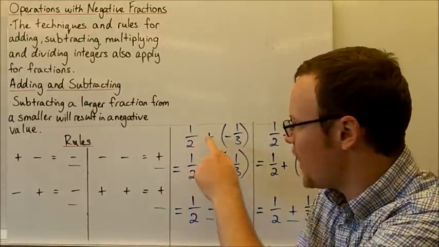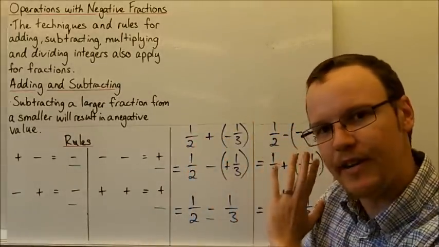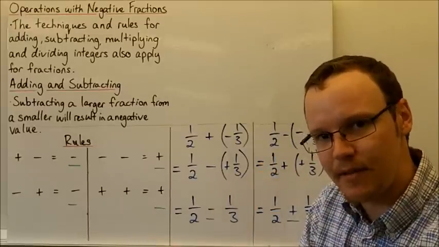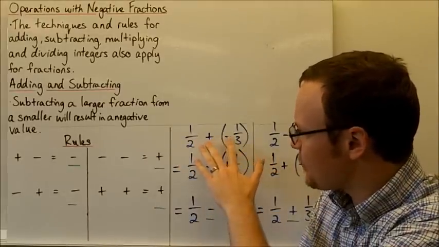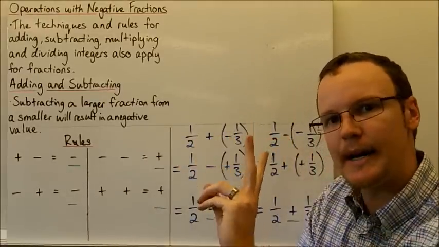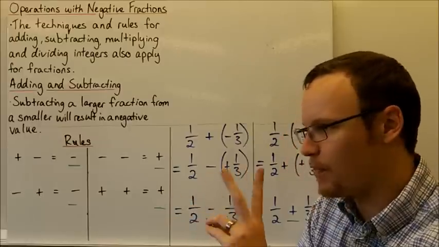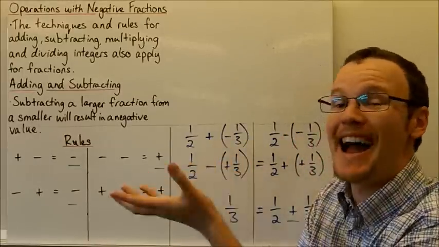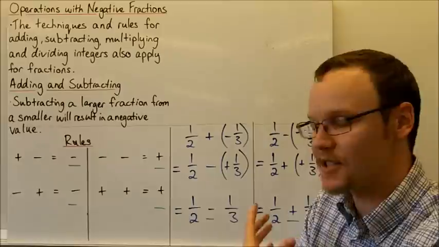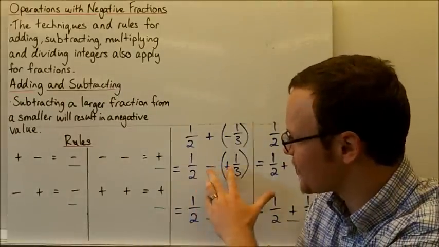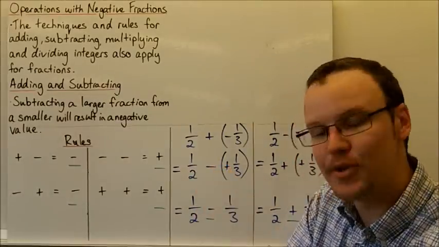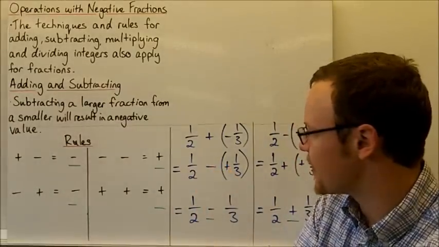You may see 1/2 plus minus 1/3, and that might be confusing for you. If you see a plus and a minus next to each other, it's going to be adding the negative or subtracting the positive, or whatever the two operations there are.